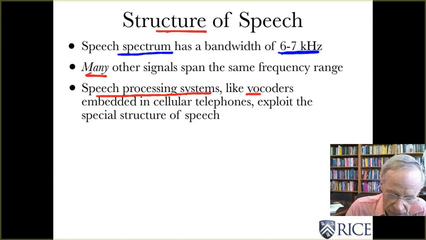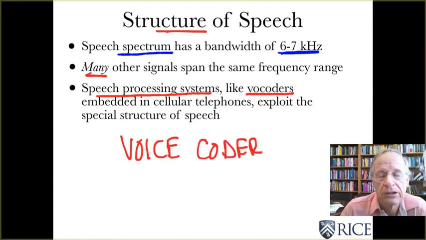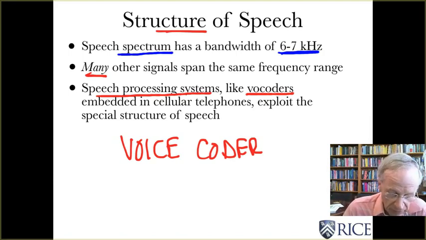These are usually called vocoders, and that is short for voice coder. They typically take speech, in the way I like to put it, and rip apart the speech signal into the pitch part and the vocal tract part. They actually try to split that signal up into those two pieces.